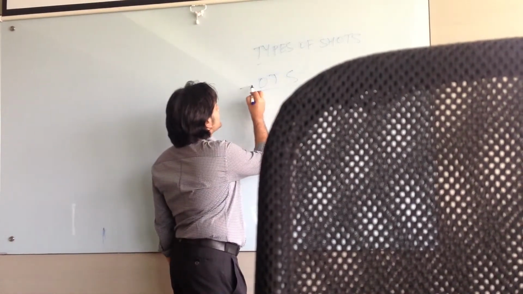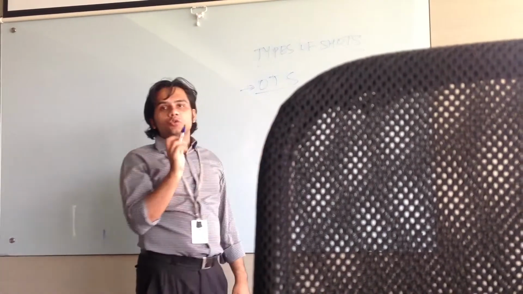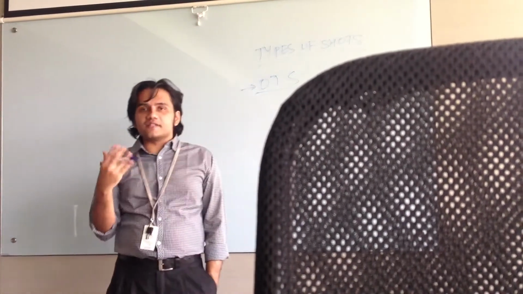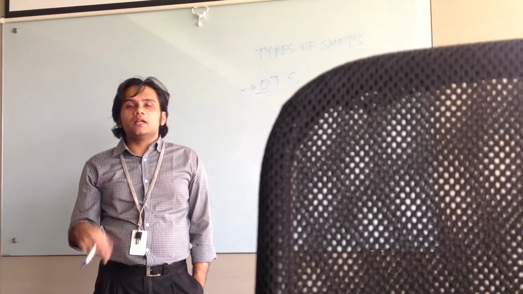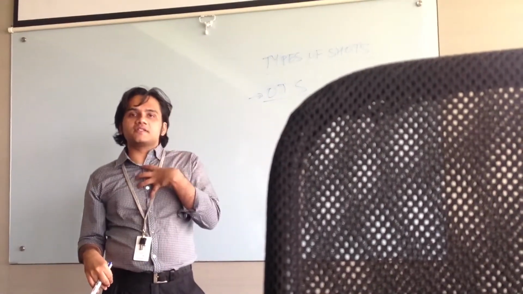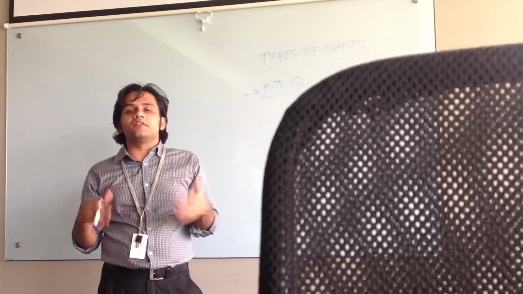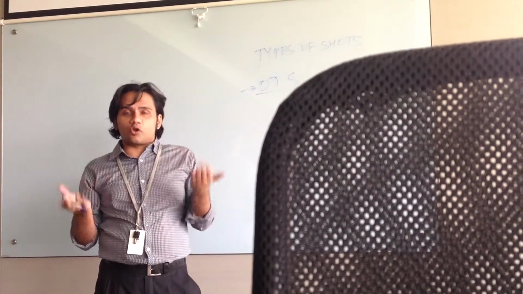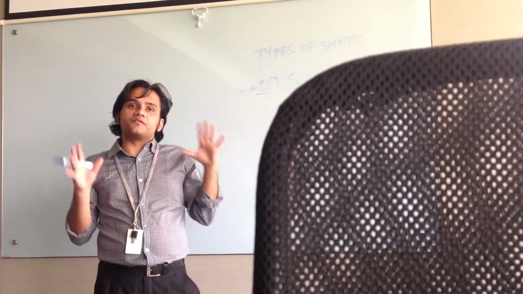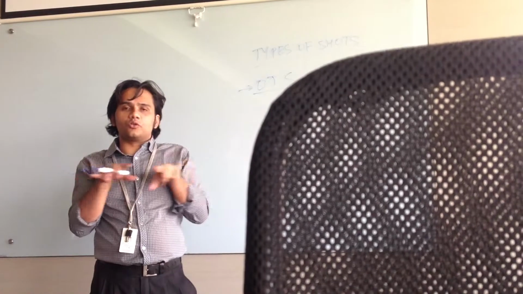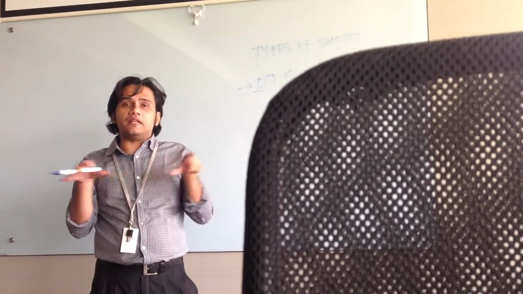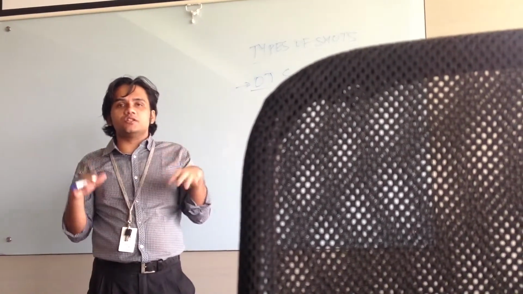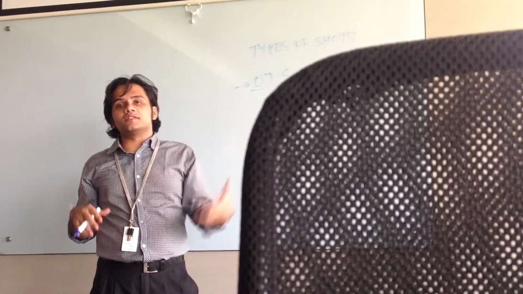This type of shot is typically used when there are conversations happening between two people. When one person is talking and the other person is listening, if you want to see who is talking, instead of just having him speak in a static situation, you go over the shoulder of the other person.